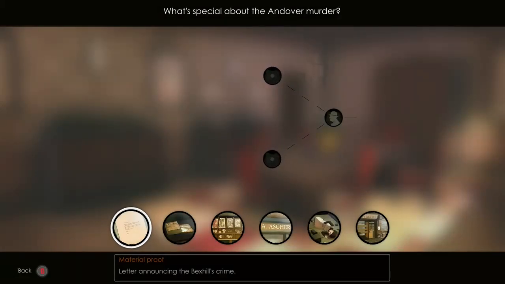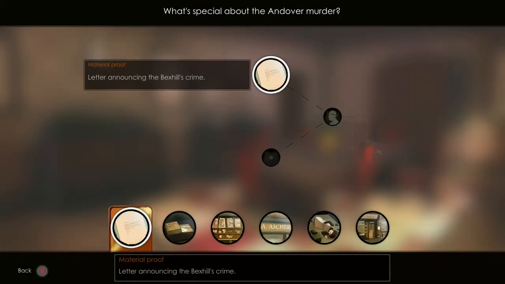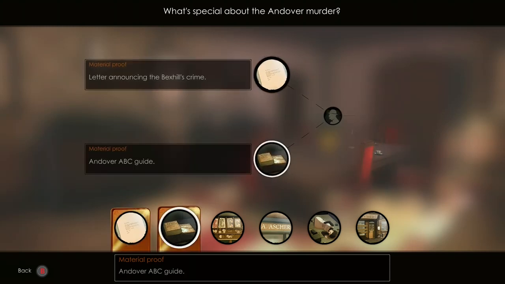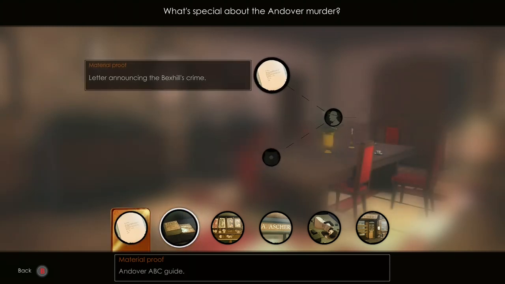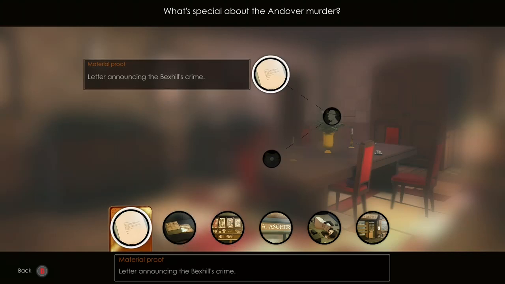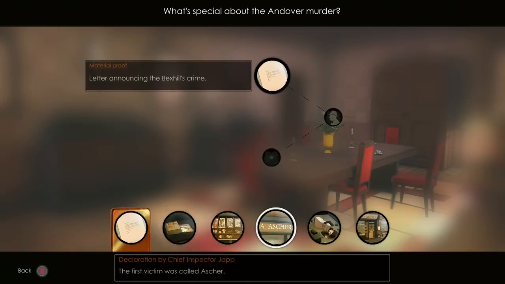Yay, our little grey cells. Right, what's so special about it? I think that. No? Okay, so we got the letter.